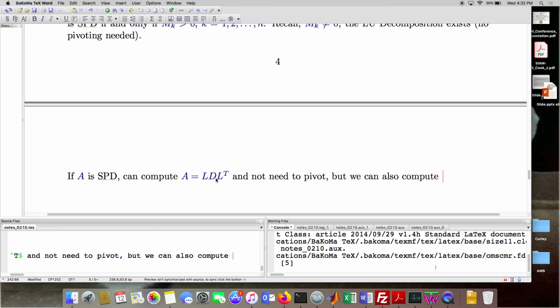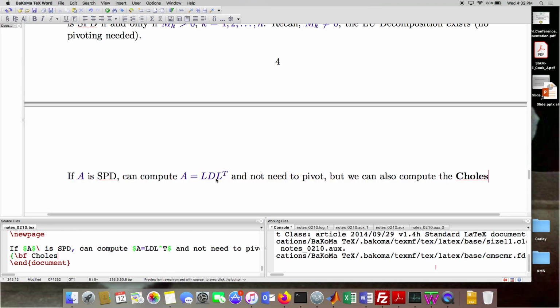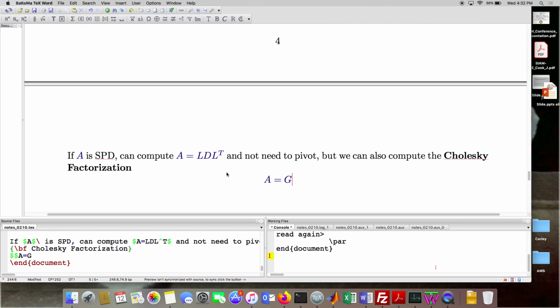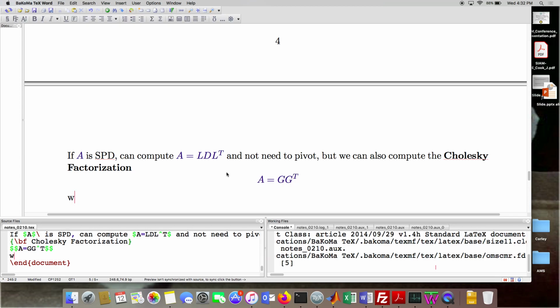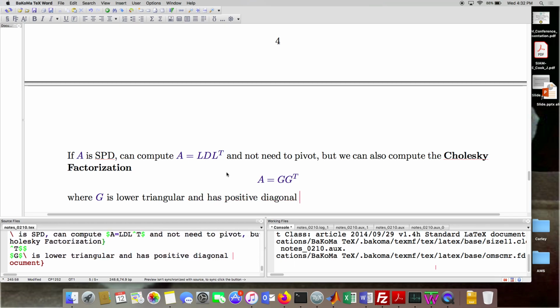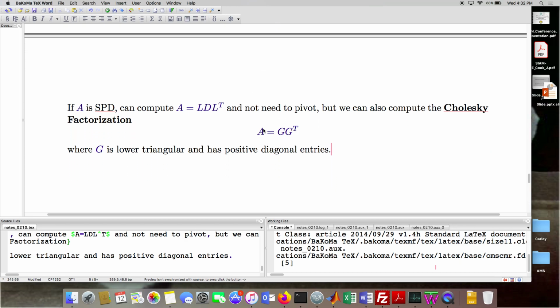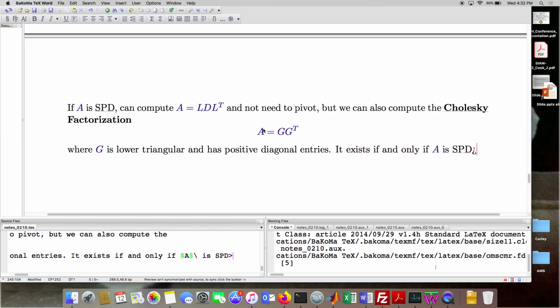But we can also compute what is called the Cholesky factorization, which has this form: A equals GG transpose, where G is lower triangular and has positive diagonal entries. It exists if and only if A is SPD.